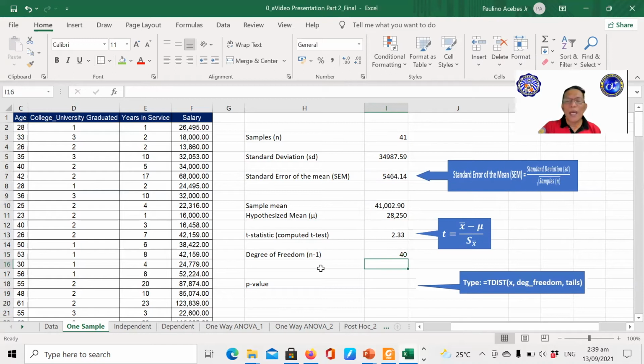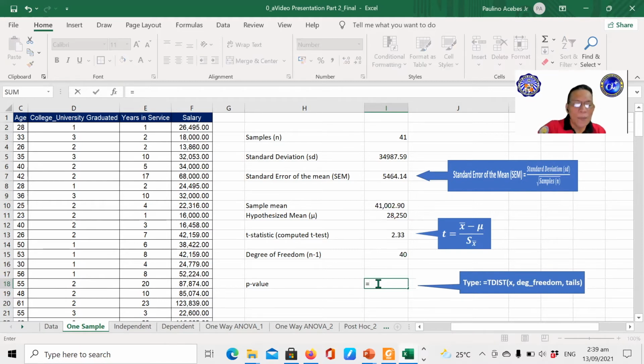Since we already have our degree of freedom and the computed t-test, we can now compute for the p-value. This is very essential, since we are going to compare this to the alpha. Type T.DIST.2T, and then open parenthesis. The x here is actually the t-statistic. Click it, comma.